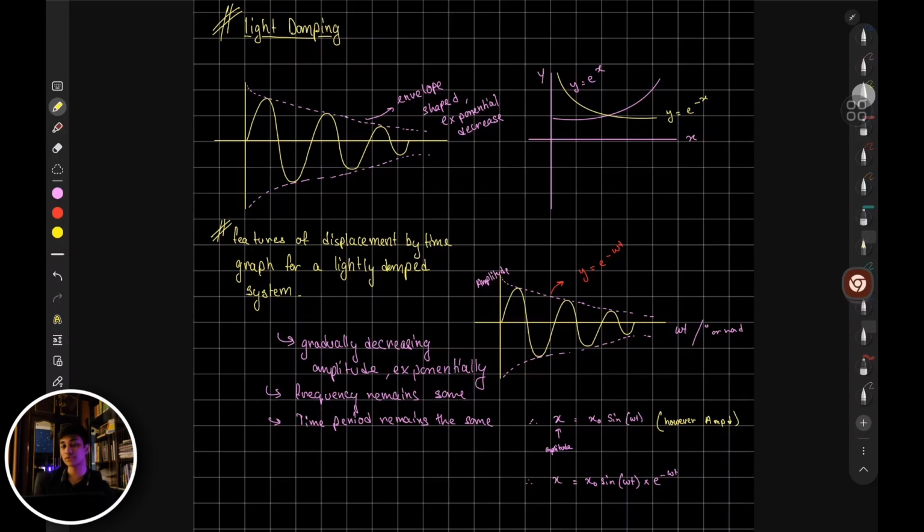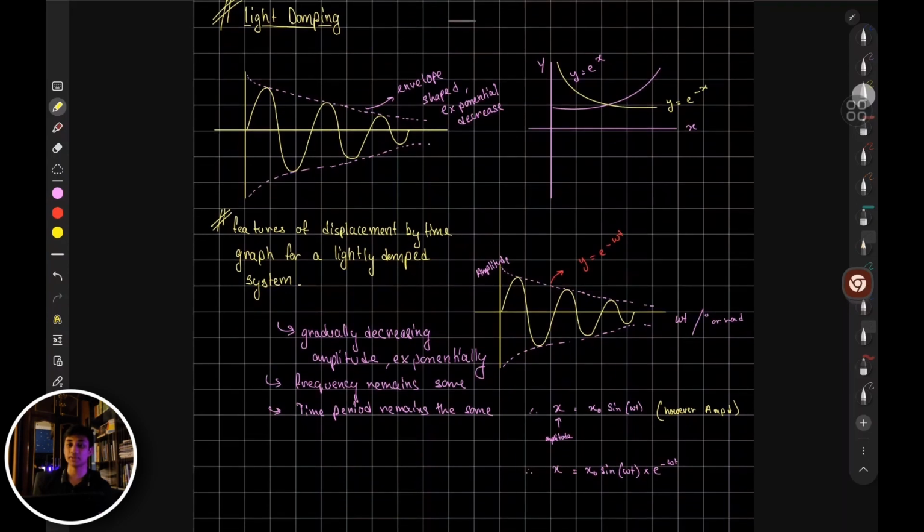The other thing to notice is the frequency remains the exact same, and the time period remains the exact same since the frequency is the same. So this is your light damping, where oscillation keeps happening. It does not come to a stop within the first oscillation. The oscillation keeps happening, but with decreasing amplitude every single time. That is your light damping.